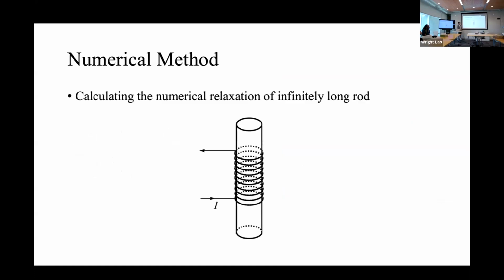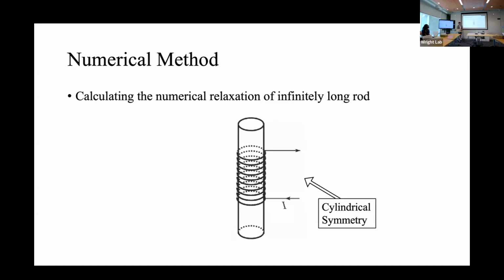The numerical method for this project involves calculating the numerical relaxation of an infinitely long rod. Since that rod is cylindrically symmetric and can be easily expressed in cylindrical coordinates, we will be using Bessel functions for the actual calculation.